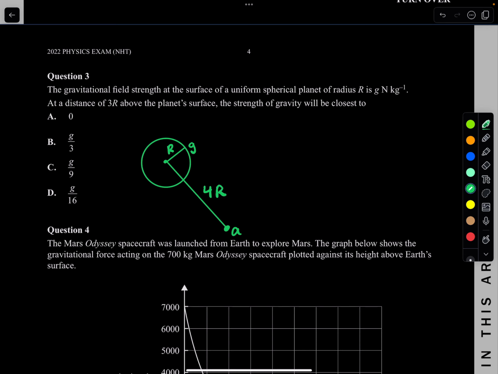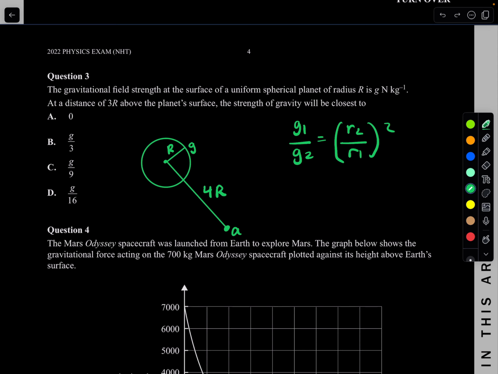The way that I would do this question is by using this formula over here. This kind of question is always repeating in every exam, and this is the formula that I like to use. Let me write it down. G1 over G2 is equal to R2 over R1 squared, where G1 is the first case. So we know that when the radius is r, the value of g is just g.